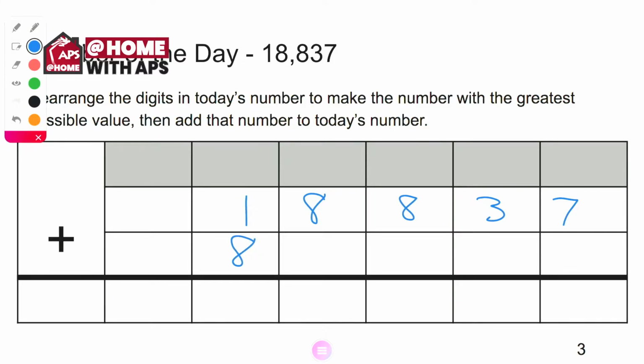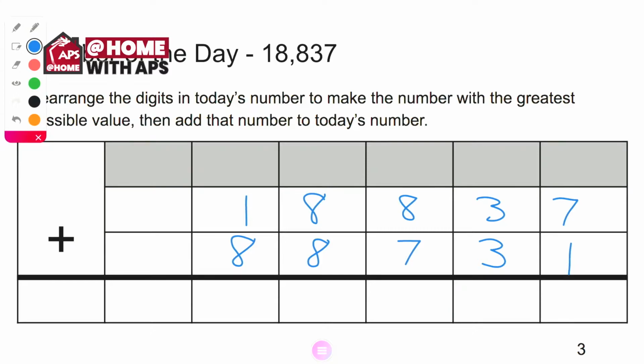Then my thought process is I'm just going to keep going with the next biggest number all the way down. So if we have 8, what is my next largest digit? 8 again. And then from there it would be 7. Then from there we only have the 3 and the 1. Which one's larger? 3. And then that leaves 1.